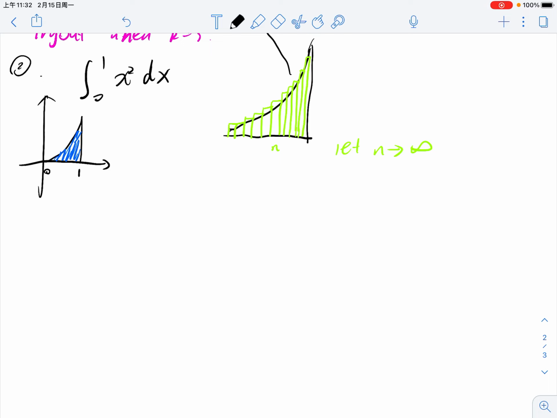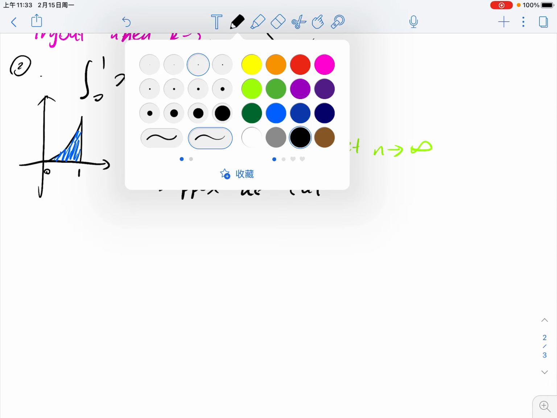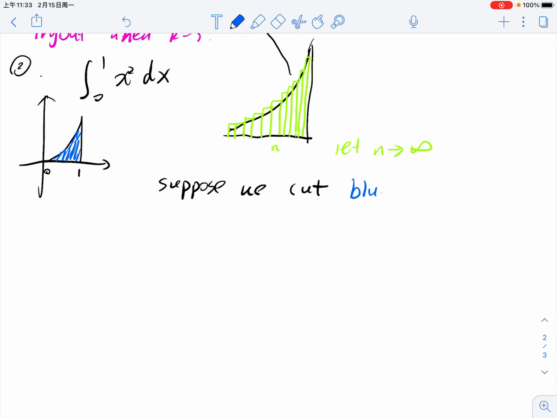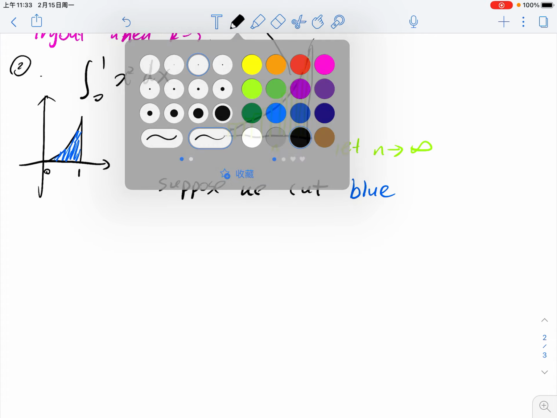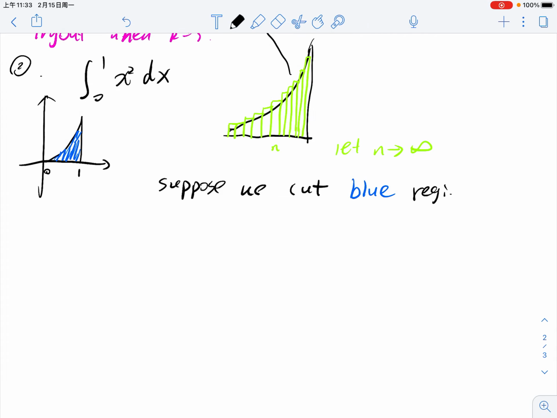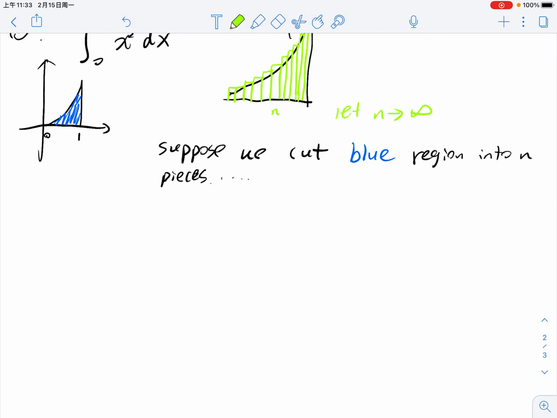For example, suppose we cut the blue region into n pieces and approximate by green rectangles.